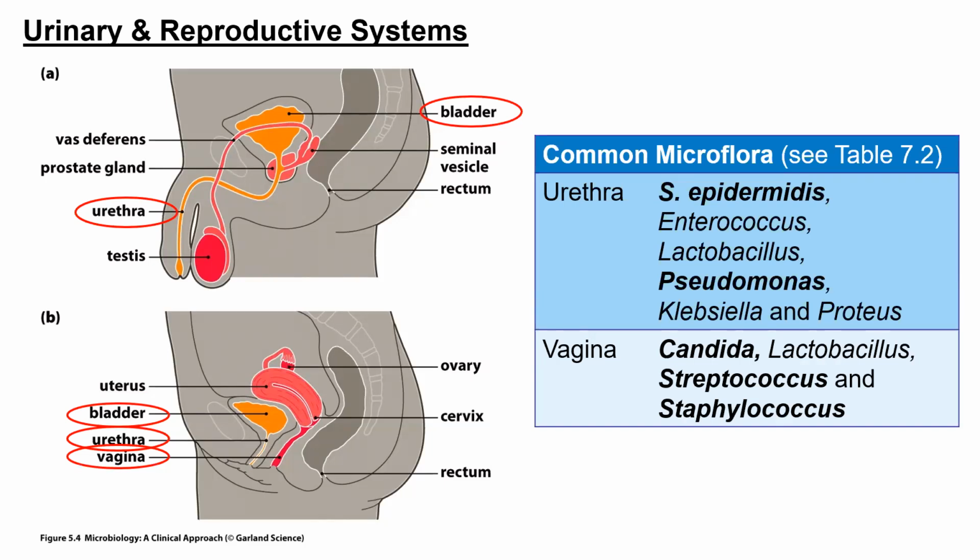The urinary tract is generally considered sterile, at least most of it, unless you have an infection, of course. The thing about the urinary tract is it's kind of a one-way passage. When we urinate, the urine pushes things out, so most microorganisms have a hard time getting into the urethra or the bladder. It does happen, and that would be a urinary tract infection or a bladder infection.